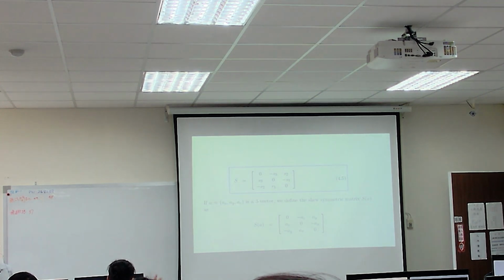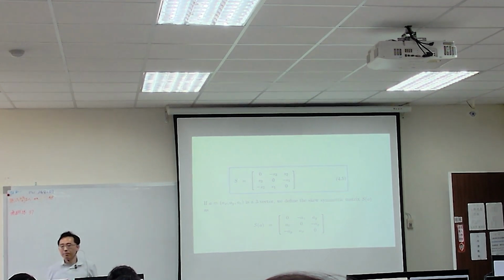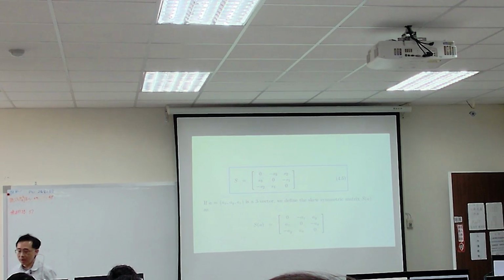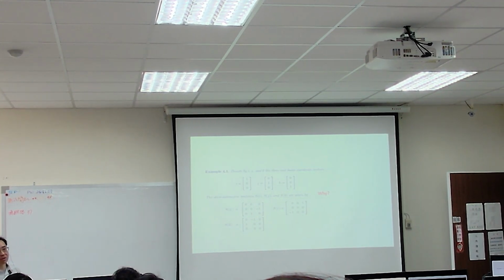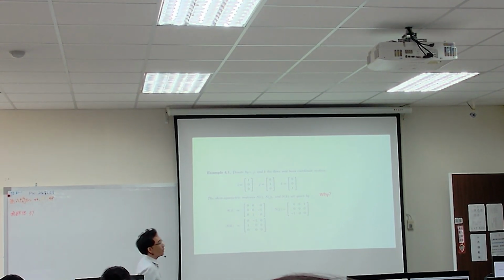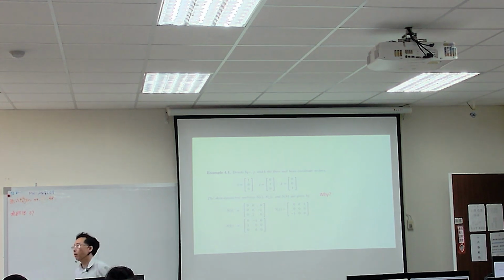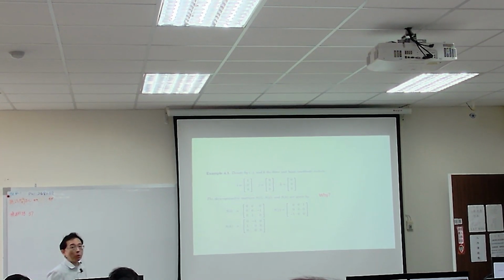Okay. Then over here we put the vector ax, ay, az in the matrix A, and we do some calculation. So the first example is if we try to represent the unit vector i, j, k in the skew-symmetric matrix S, then they will become this way.